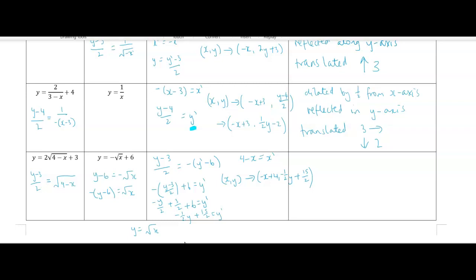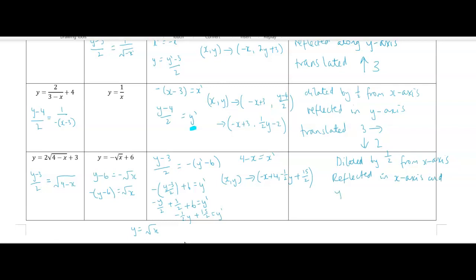All right, so let's start with the dilations first. So we're dilated by 1/2, and you can see that by the coefficient of y, from the x-axis. Then we've got 2 reflections. So we've had a reflection in the x-axis and a reflection in the y-axis.